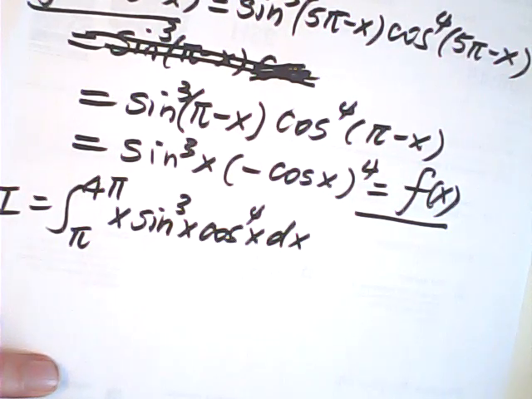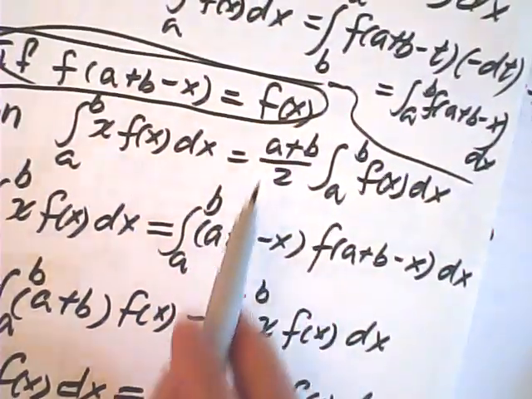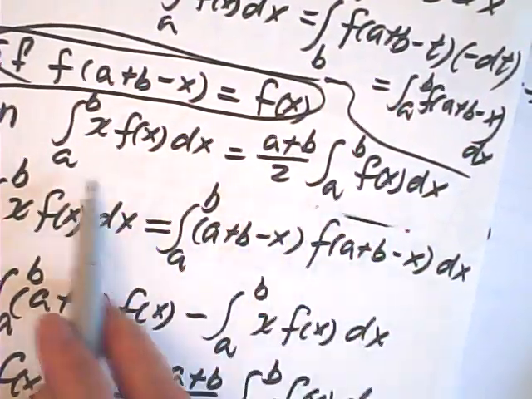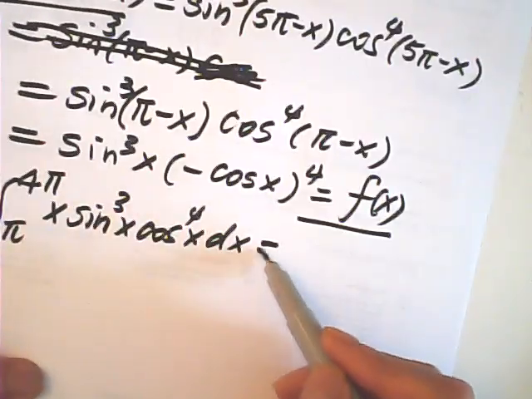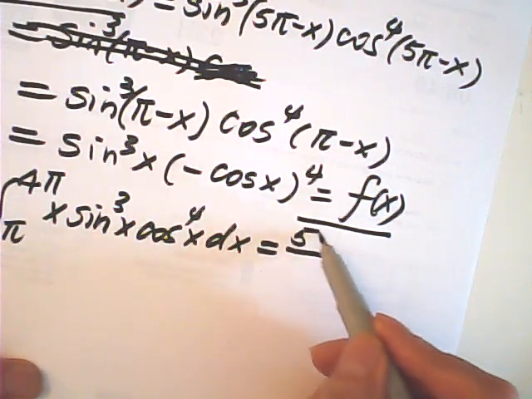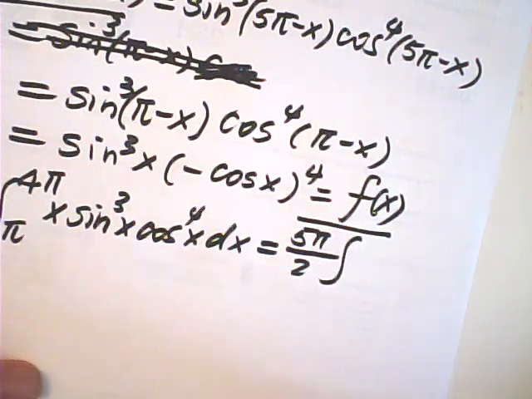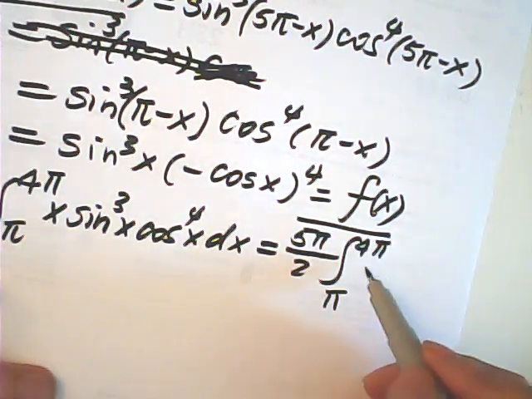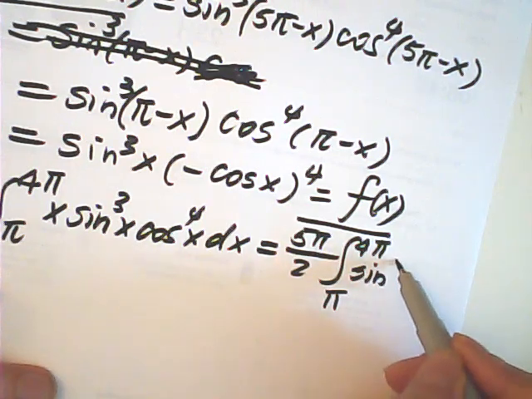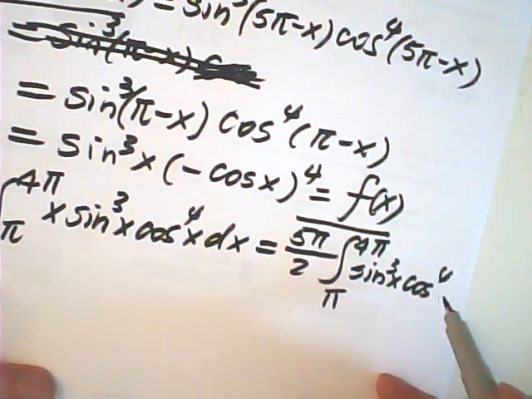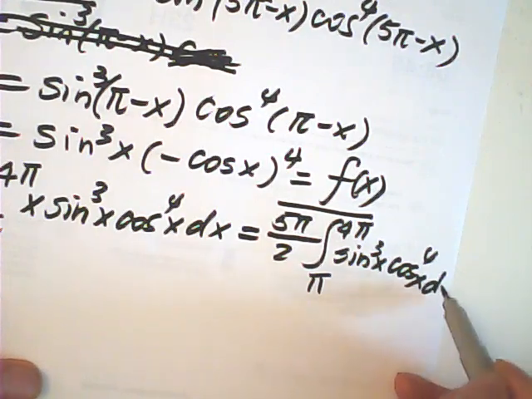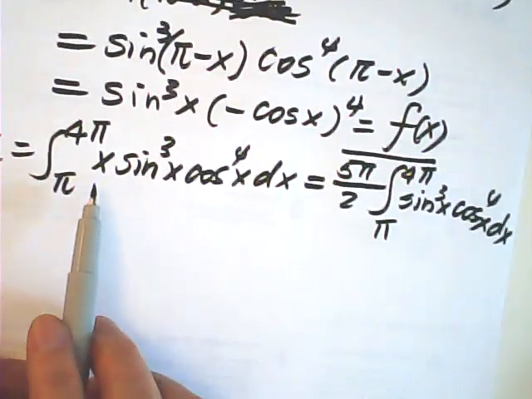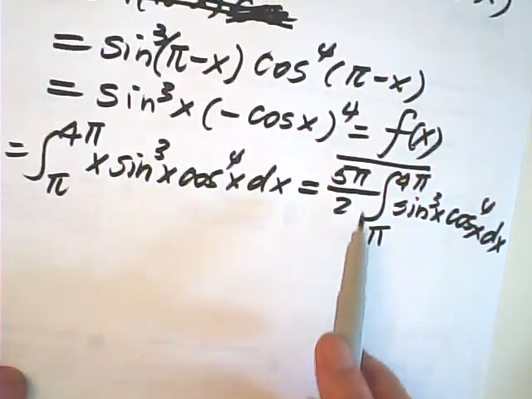According to the property, if this one is true, then my integral can be done like this: 5 pi over 2 times the integral from pi to 4 pi of sine cube x cosine fourth x dx. In other words, we can drop this x out by multiplying by 5 pi over 2.